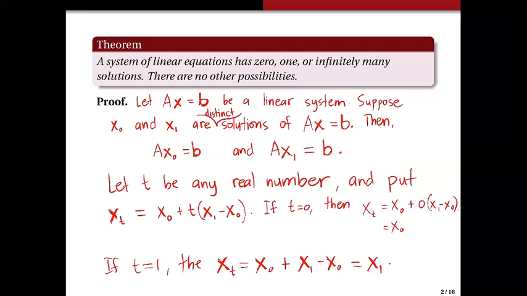Therefore, if they are distinct, x sub 1 minus x sub 0 is not equal to 0, because they are distinct. Now, what we're going to do is the following.